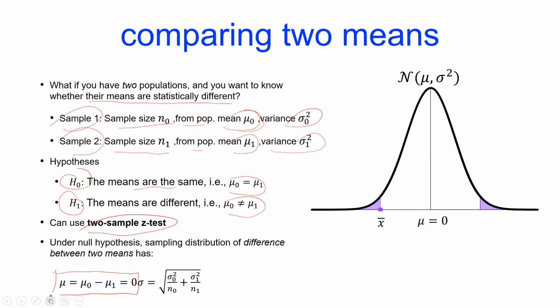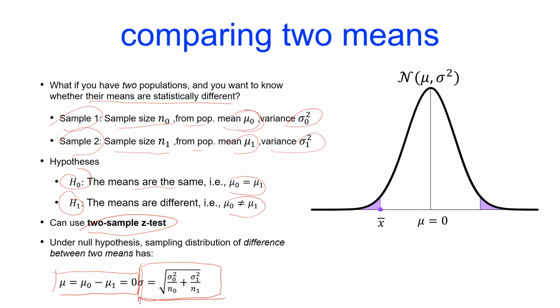But then we need to modify a little bit to calculate the standard error, because before we only had one sample, X bar, and you can easily calculate the standard error. But here we need to change a little bit. So now the standard error, you compute using this way.